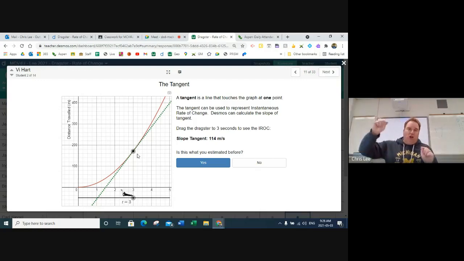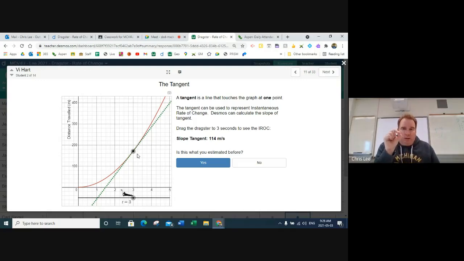So if we could take the secants and shrink them infinitely small, we would get 1 point. And if we can imagine that it's infinitely small and we could actually calculate the slope of the tangent, that would be the infinitely small secant represented here. We would find the slope of the tangent is 114.